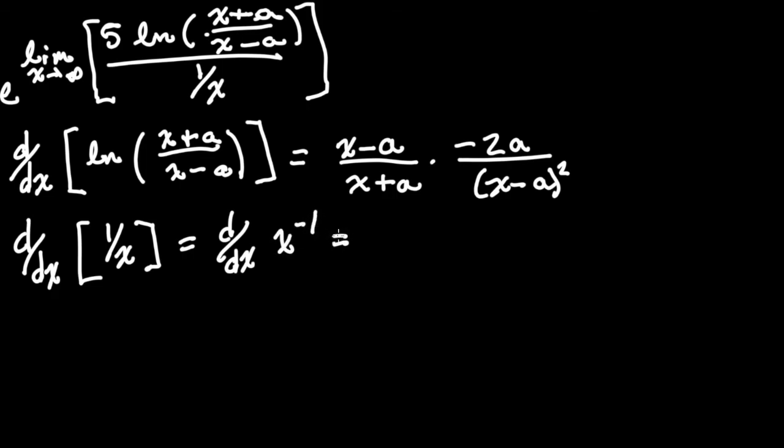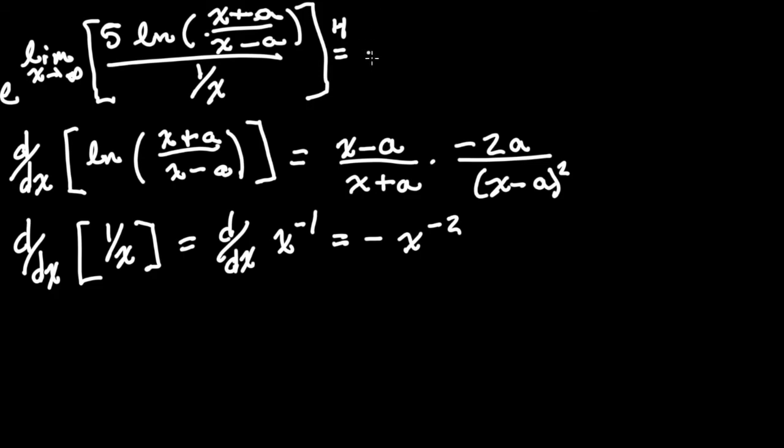And recalling our power rule, we're actually going to get negative x to the negative 2, because we have to take the exponent that we had before and move it out to the front and then subtract 1 from this. So this is going to be our derivative for 1 over x. And then we have our two derivatives, so now we just need to plug that in. So here I'm just going to write an H to denote L'Hopital's rule.